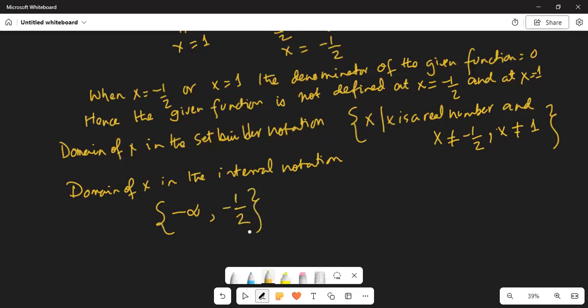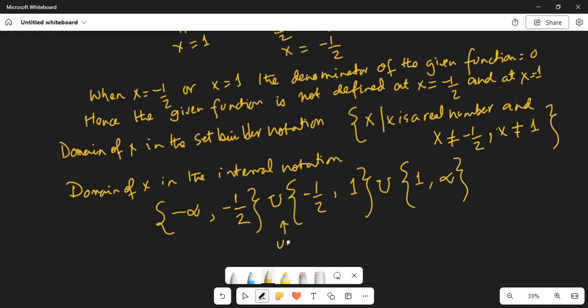Then the function is not defined at minus half. So again, it is defined from minus half to 1. Again, it is not defined at 1. And so it is now from 1 to infinity. Okay, so these are the union terms, union, which is OR. Okay, so this is the solution for this problem.